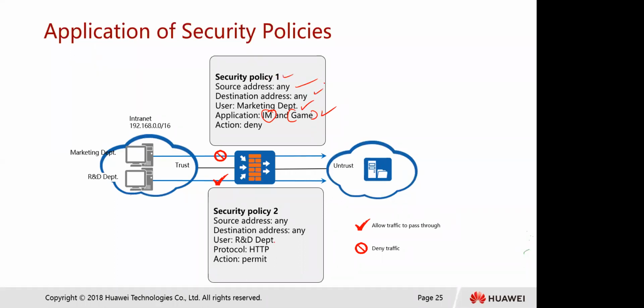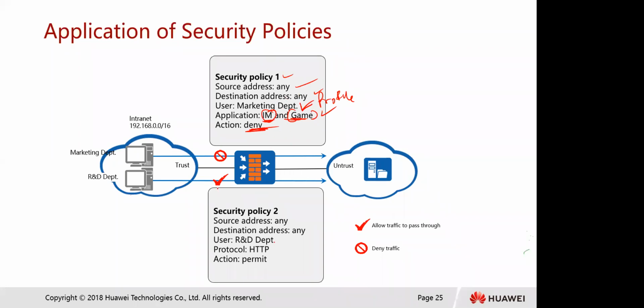You want any destination address, it could be any. But if the user is coming from the marketing department, this profile here, go ahead. If they're trying to access maybe the instant messaging or the game, kindly deny the traffic. We don't want them to spend a lot of time on WhatsApping or doing ABCD.